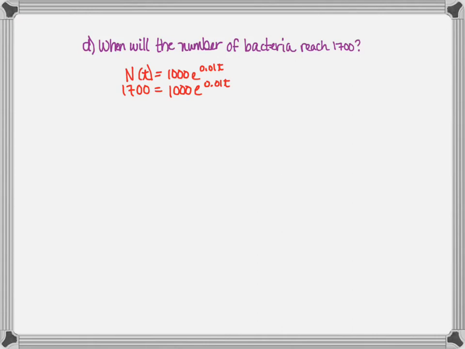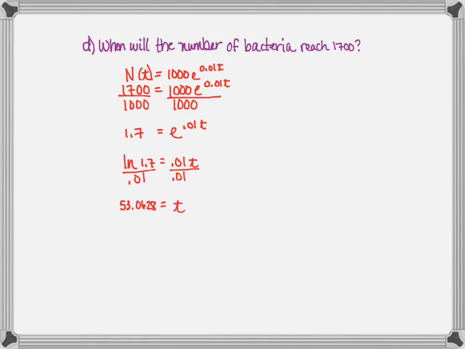The first thing we need to do is divide both sides by 1000. 1.7 = e^(0.01t). To solve for t, we're going to need to rewrite this in log form. This will be log base e, or natural log, of 1.7 = 0.01t. Divide both sides by 0.01, and t is equal to 53.0628, or approximately 53 hours.